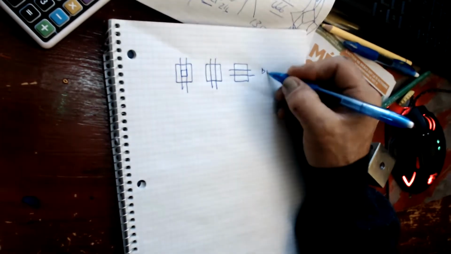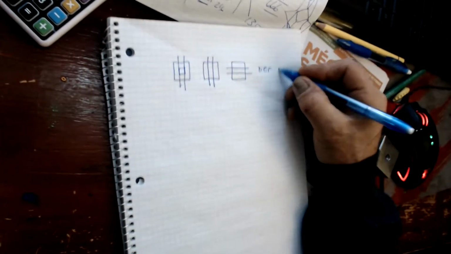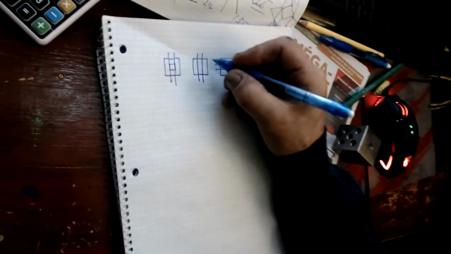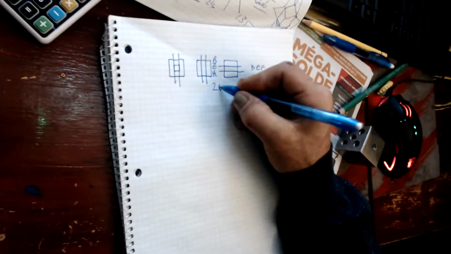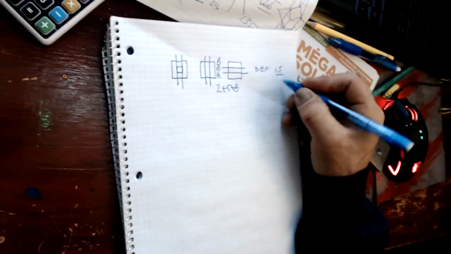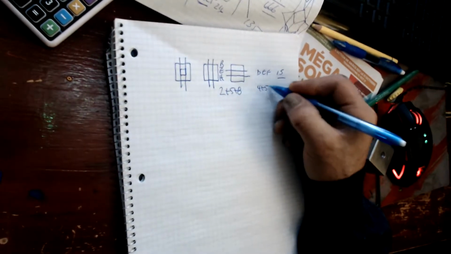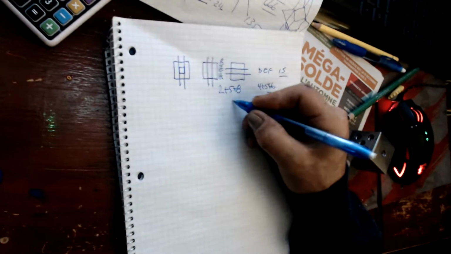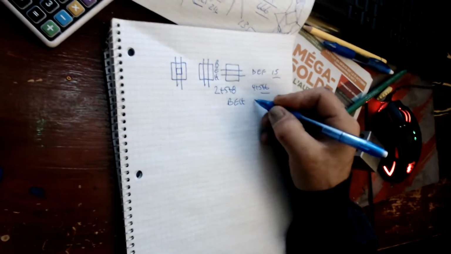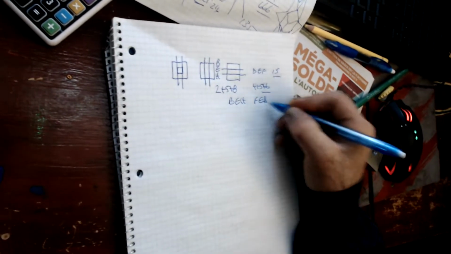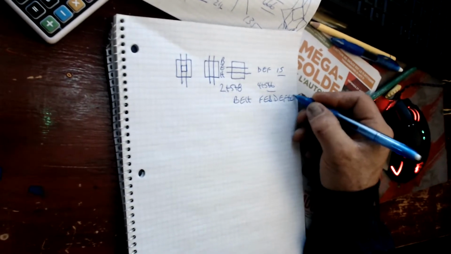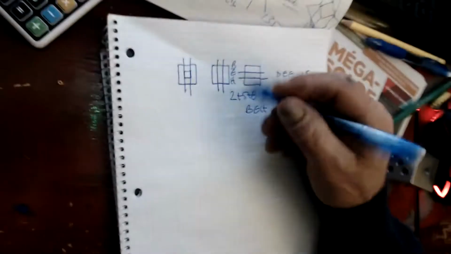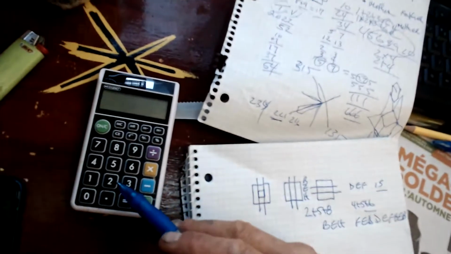It's the DEF equals 15, or it is the BEH equals 2 and 5 and 8 versus 4 and 5 and 6. That's just basically where the numbers are according to that.